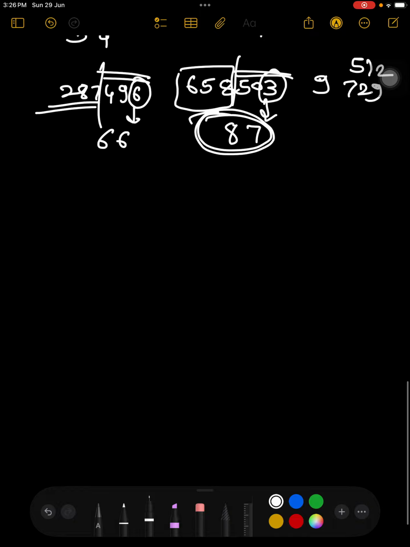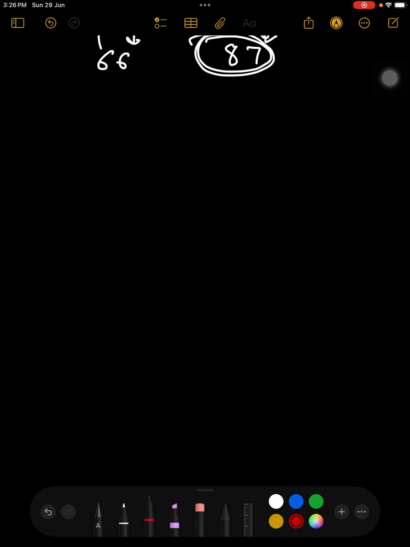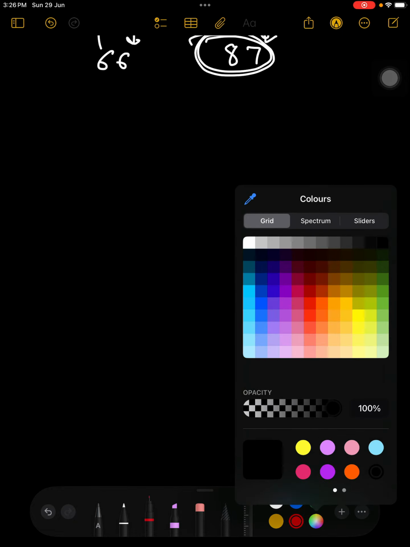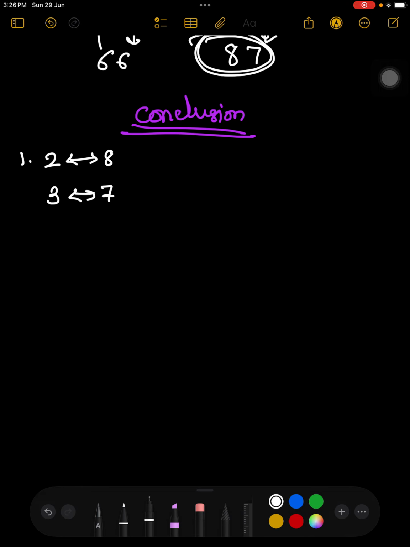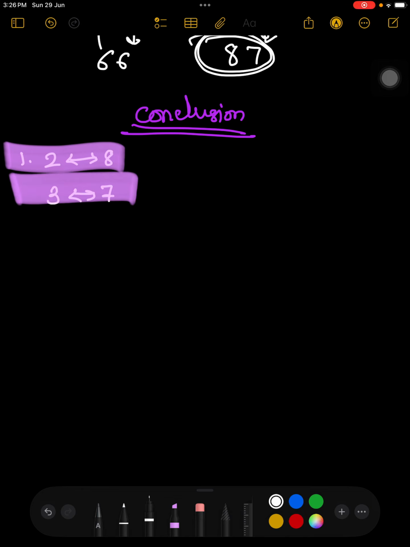So whatever we learned, the conclusion of this is as follows. First, the pair of 2 is 8 and the pair of 8 is 2. The pair of 3 is 7 and the pair of 7 is 3. This is the most highlighted part. Now the second point: check the last digit.